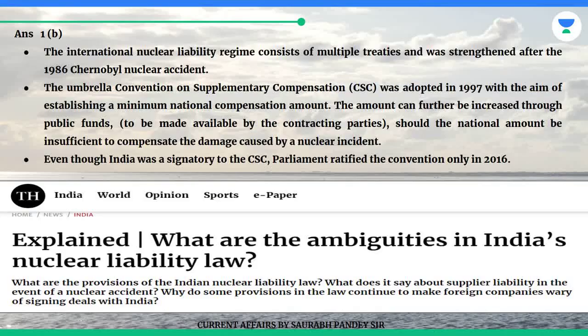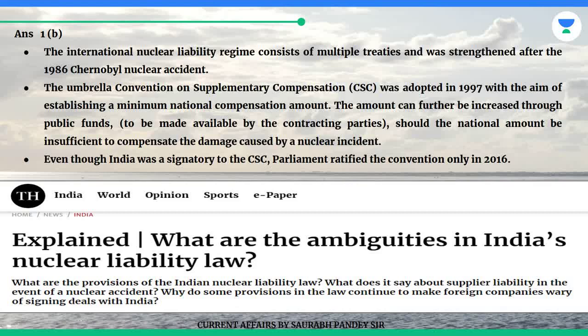The answer is B. The international nuclear liability regime consists of multiple treaties and was strengthened after the 1986 Chernobyl nuclear accident. The Umbrella Convention on Supplementary Compensation, CSC, was adopted in 1997 with the aim of establishing a minimum national compensation amount.